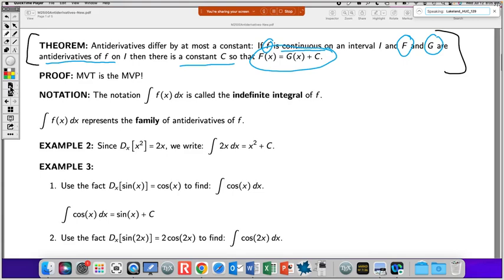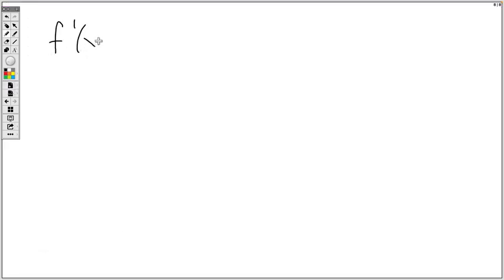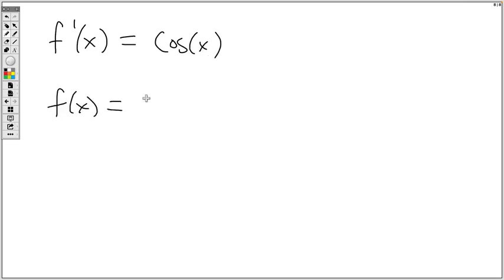Right? So what this does is, for example, let's say the derivative of sine x is cosine x. What this enables us to do is say, okay, can you think of a function whose derivative is cosine? Sine of x.